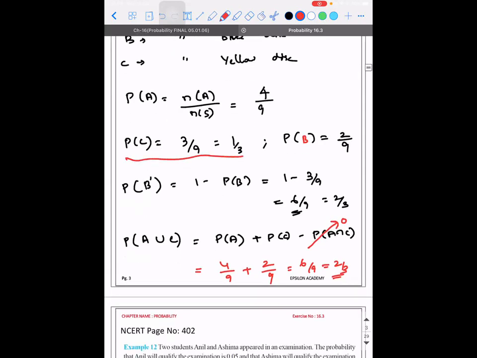So probability of C is 1 by 3, guys. I'm sorry. 1 by 3 means it is 3 by 9. So it will be 7 by 9. Right? I hope no one is confused. It is just I've swapped the notations. Okay? Be careful with it. Shall I proceed?